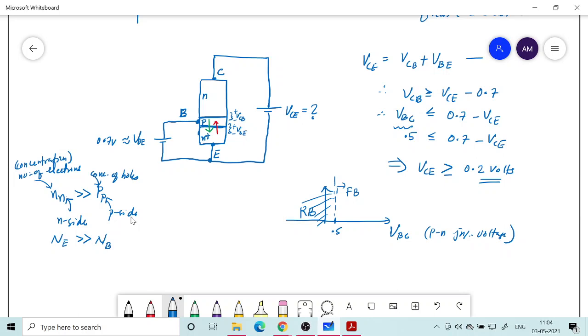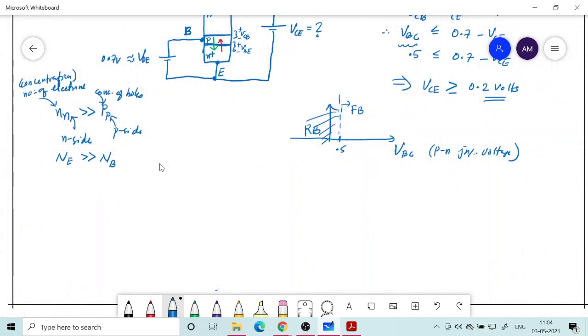Because of this condition, whatever current flows due to these two diffusions, the current direction will be the same. What is the current direction? It will be in the direction of hole motion, across the junction. Let me call this IE.